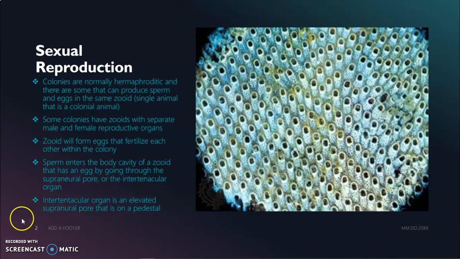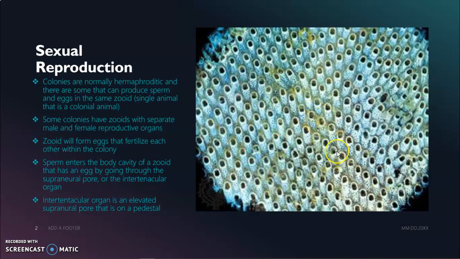And basically, the sperm will enter the body cavity of a zooid that has a fertilized egg by going through the supraneural pore, located between the bases of two lophophore tentacles, or by going through the intertentacular organ. The intertentacular organ is an elevated supraneural pore on a pedestal.